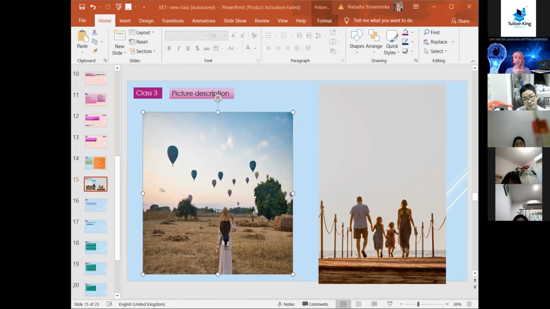Do you think the picture has been taken in the morning or in the afternoon? What do you think? Travel. Okay, anything else we can say? No, that's it. Okay.